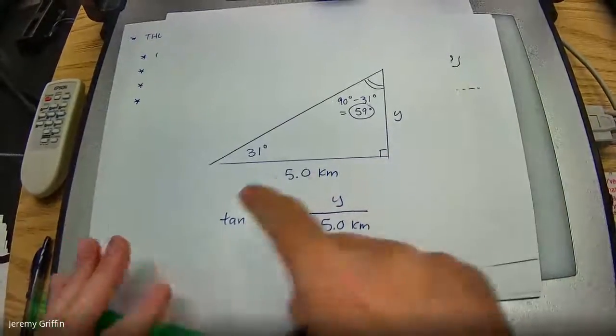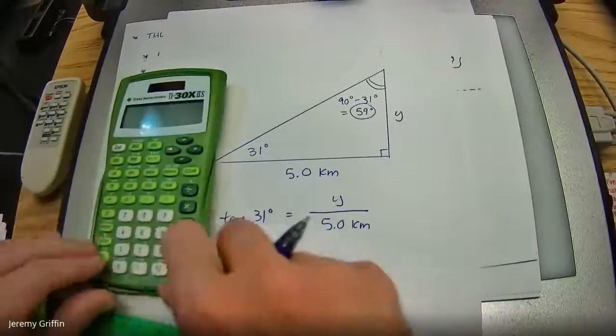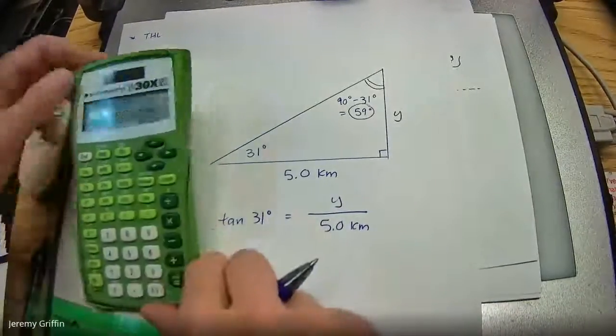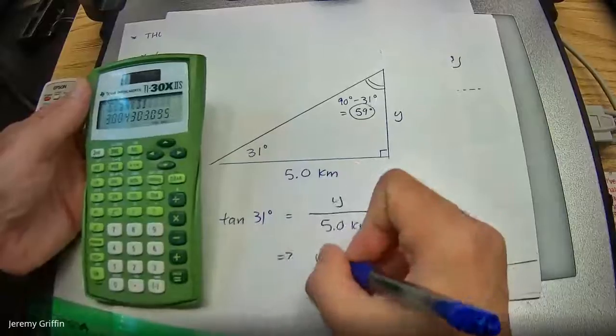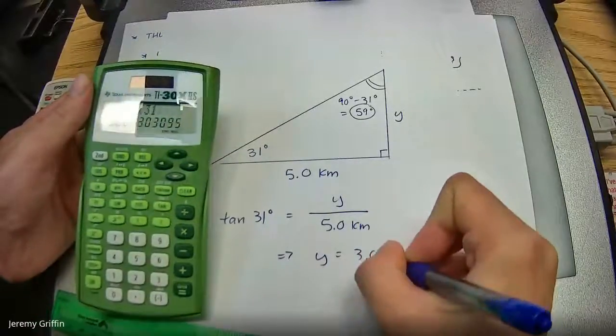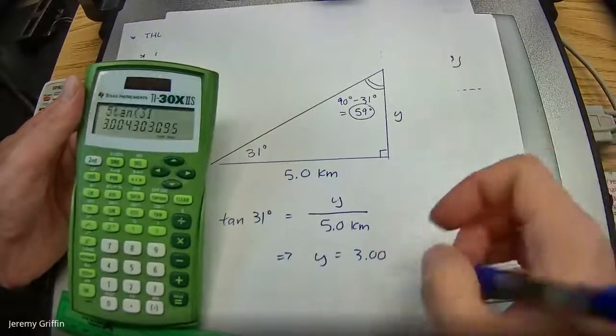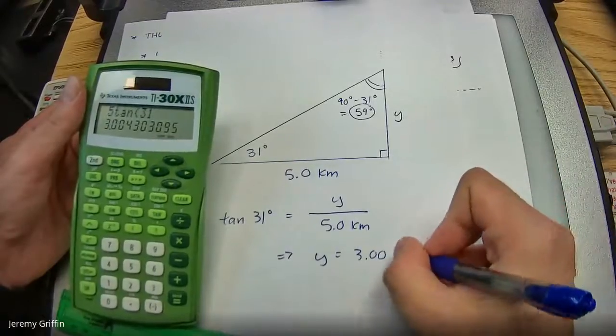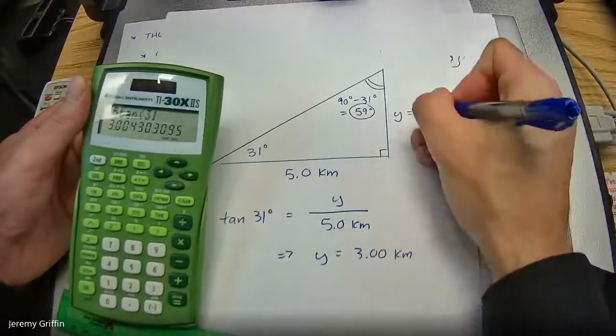Cross multiplying, y is equal to 5 tan 31, which is about 3.0 kilometers.